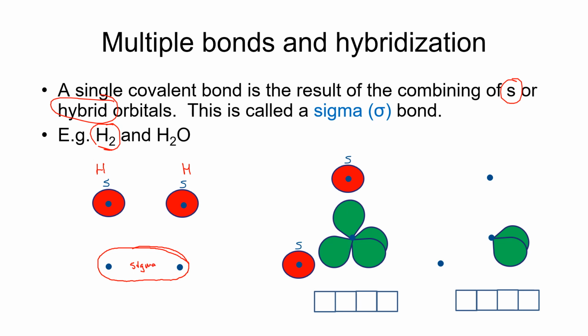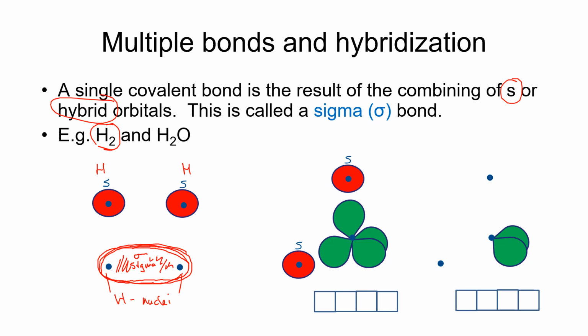It's got this symbol sigma, which shows that for these types of bonds, the greatest electron density is directly in between the 2 nuclei. The bond between them will have lots of electron density right in between the 2 nuclei, and that's what holds them together.